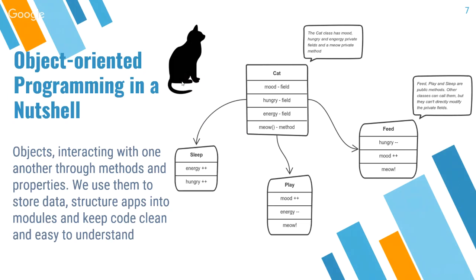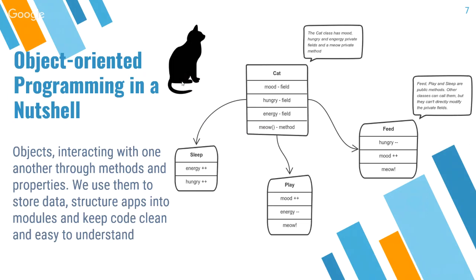Here we have a sample definition of what object-oriented programming is. Object-oriented programming is the process of objects interacting with one another through methods and properties. We just discussed what methods and properties are.